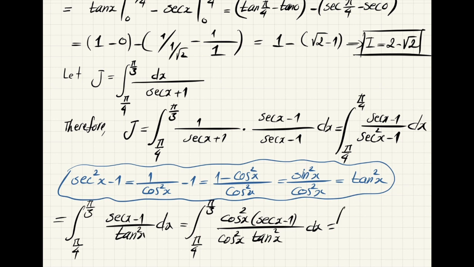So this becomes integral from pi over 4 to pi over 3 of cosine x minus cosine squared x. And in the denominator, I have tangent squared, which is sine squared divided by cosine squared, and then this cosine squared and this cosine squared cancel, and what is left is just sine squared.